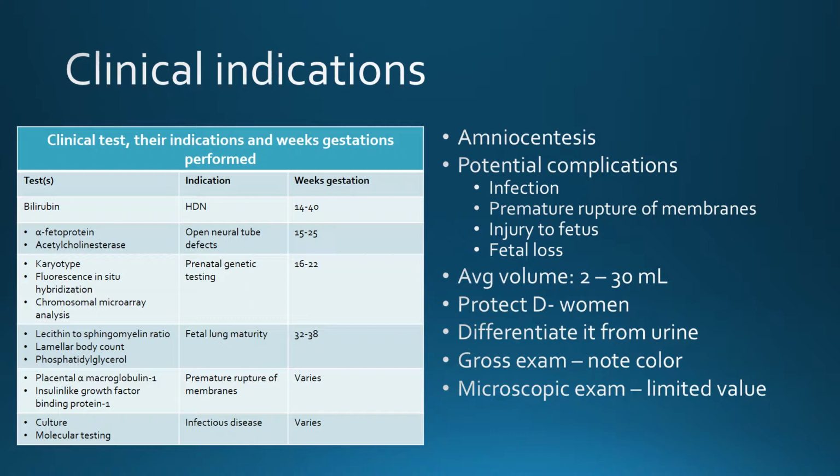Now the gross exam that you're going to be doing, just like in all other body fluids, we give a color and a clarity. And the color, a couple of things that it can do, it can point to the presence of blood. Obviously, if it's red, it likely contains blood. Now, green or brown can mean one of two things. If it's a mixed green-brown color, that might mean meconium.